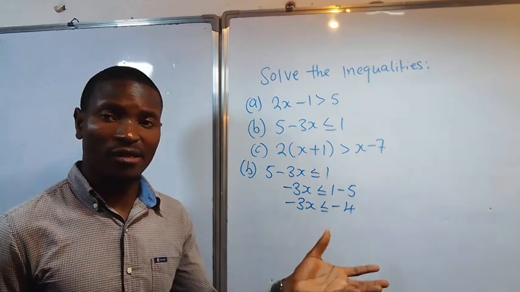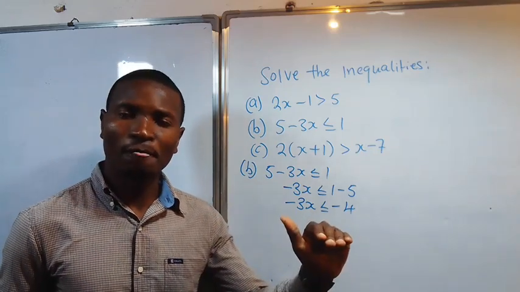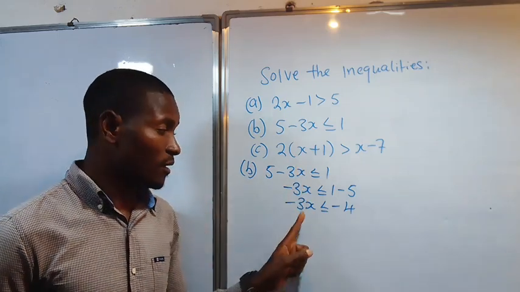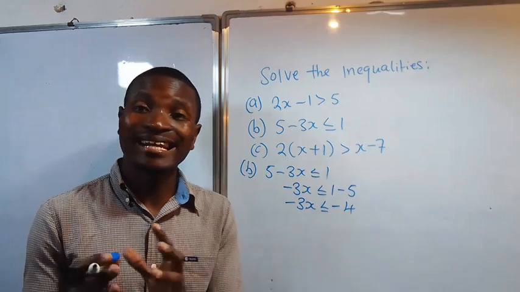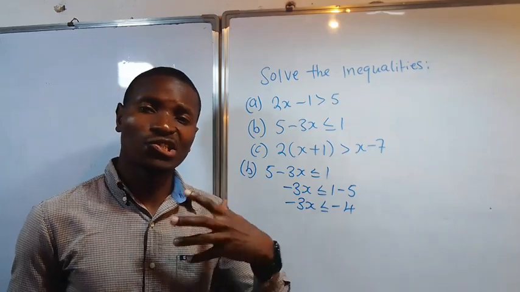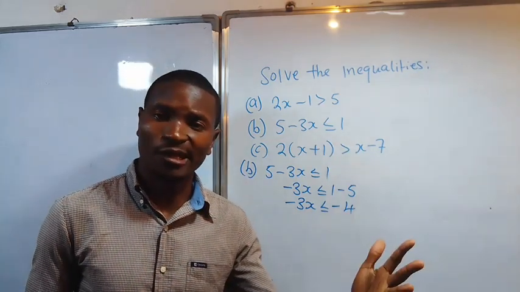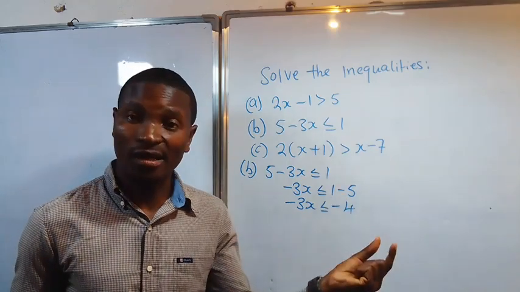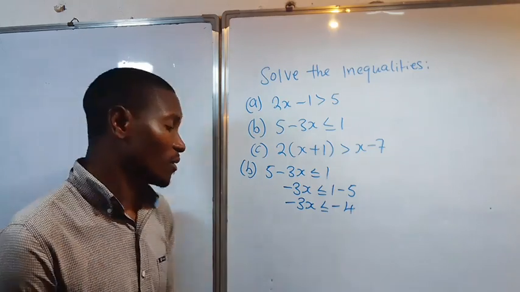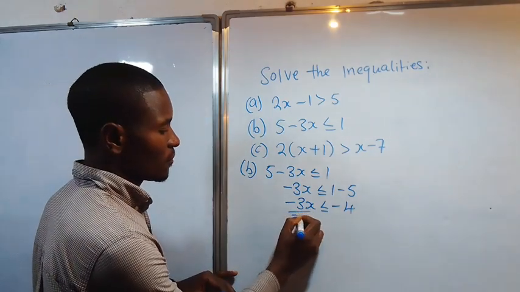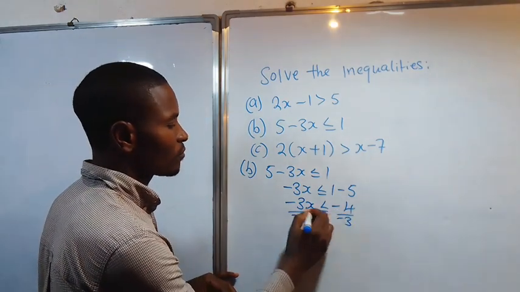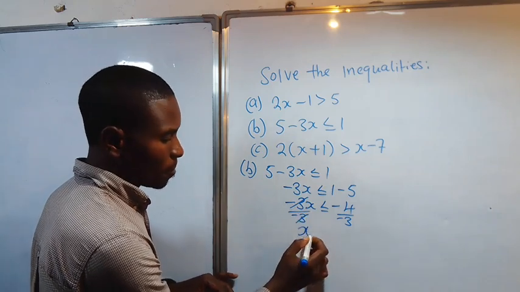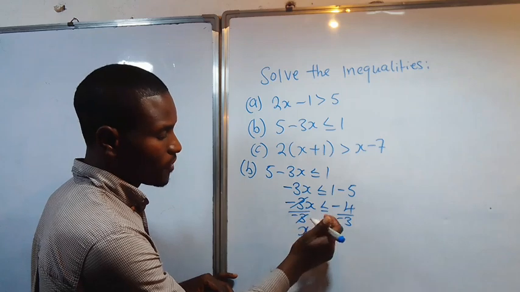The moment we do that, there is an exception: if the coefficient of x is a negative number, then the moment we change from negative to positive, the inequality sign also changes. So now this is going to become x, and then we flip this one.